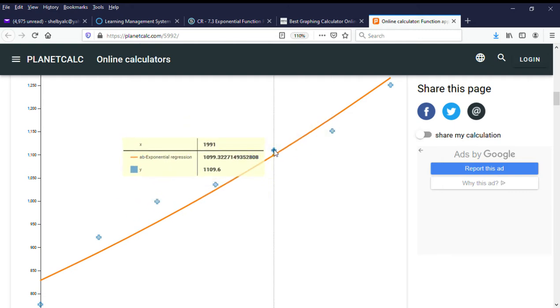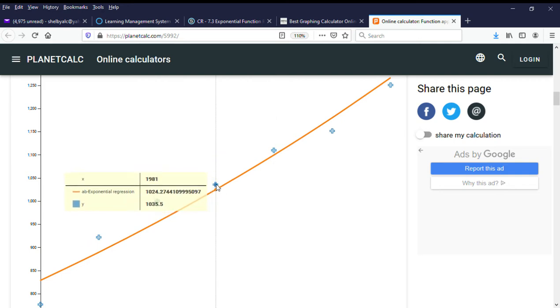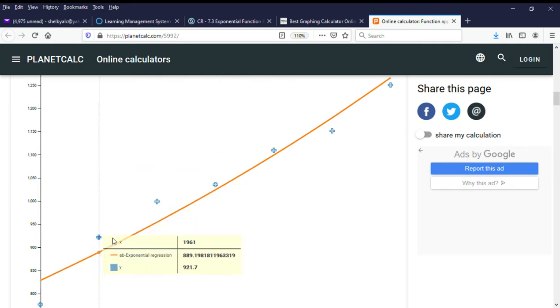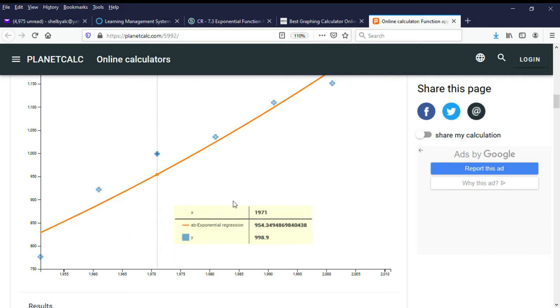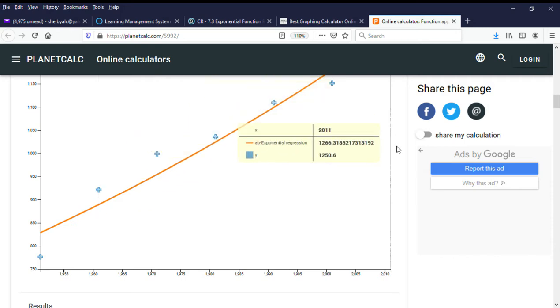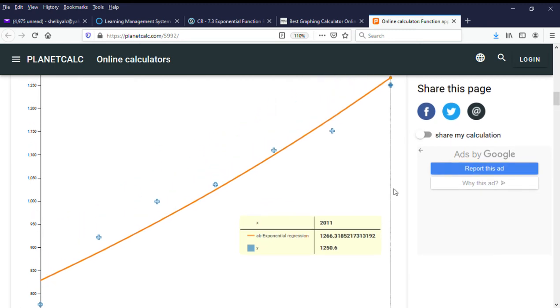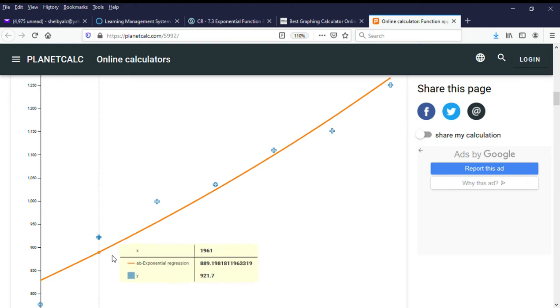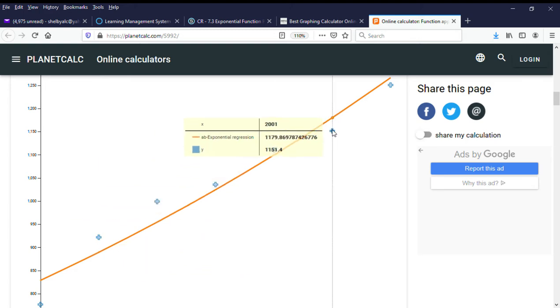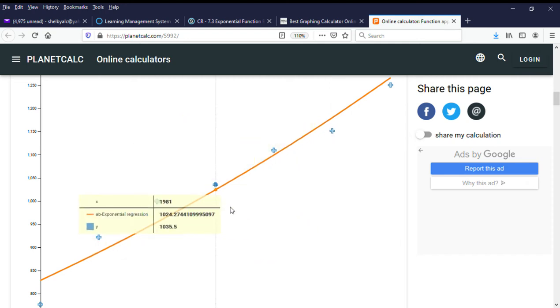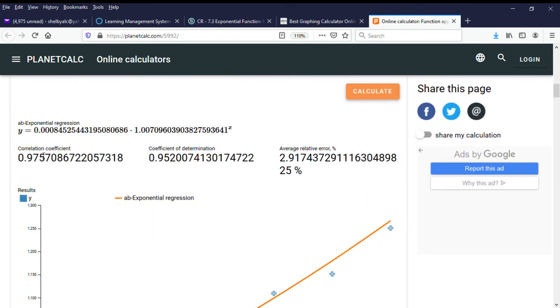The blue dots are the X and Y values. The yellow line is the approximation of the function of best fit. In this case, it's showing us an exponential function, and it looks pretty close. The dots that are far away are not too far away. So how far off are they? We want to look at the correlation coefficient, and we see that it's 0.975.